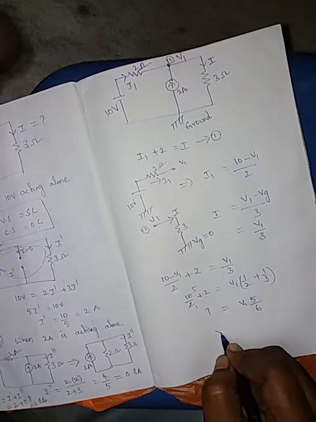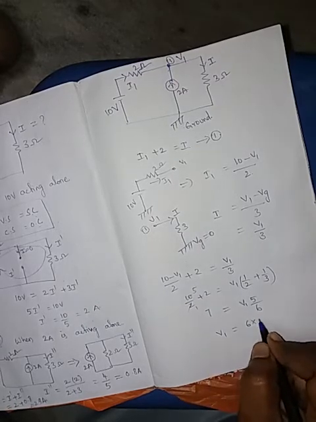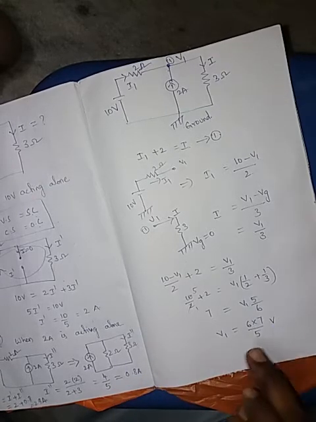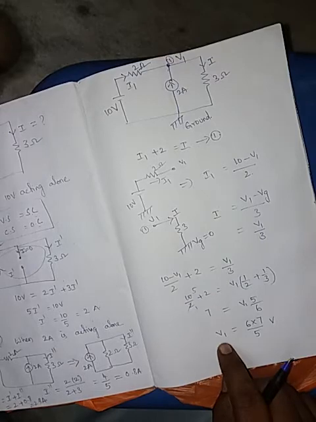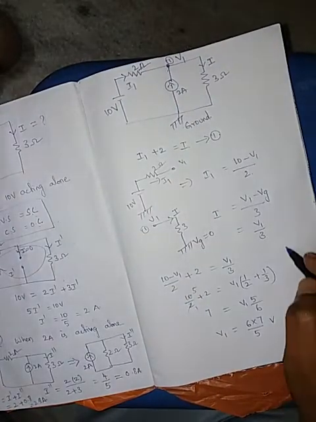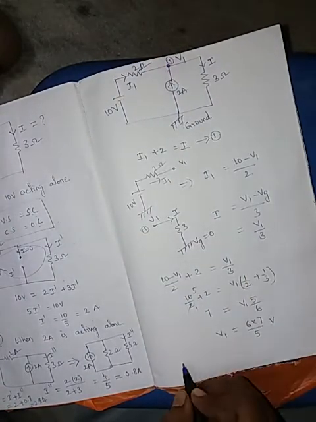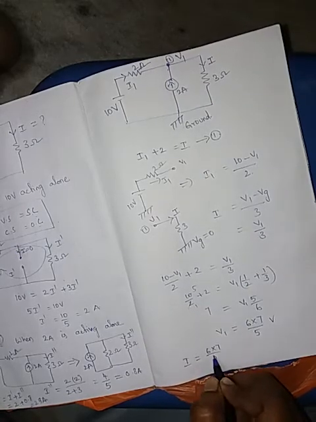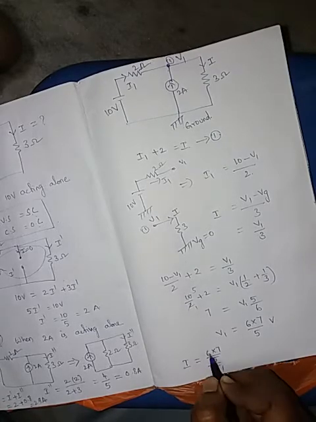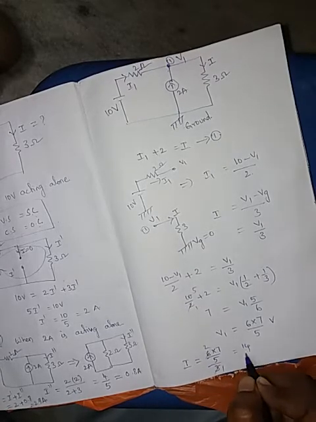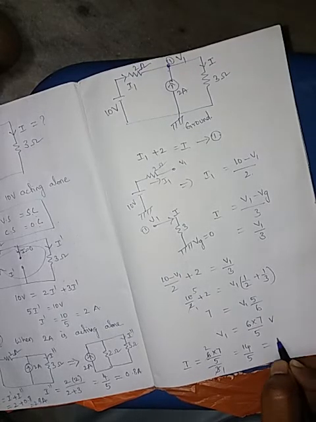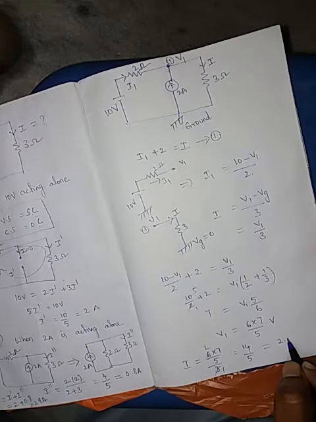Then V1 is equal to 6 into 7 by 5 volts. This is V1, but this is not our objective. Our objective is to find I, and you know that I is equal to V1 by 3. Therefore I is equal to 6 into 7 by 5 divided by 3, which is 14 by 5, which is 2.8.